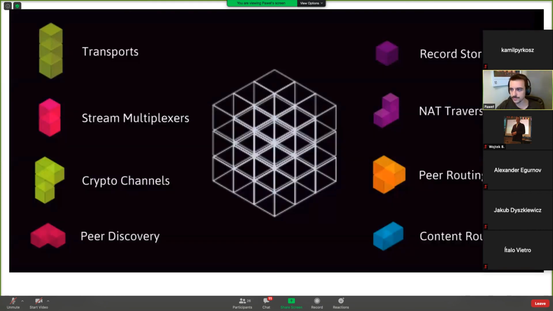So libp2p consists of transports, multiplexers, and peer discovery, and many more modules, which are easily composable into a tool that you might want to develop. And so I highly recommend, if you are a Golang developer and you have some time, to look into peer-to-peer networks and blockchain itself, or at least libp2p.